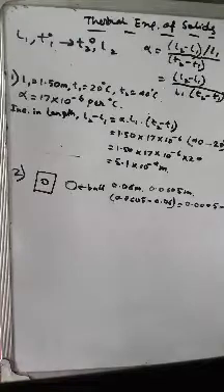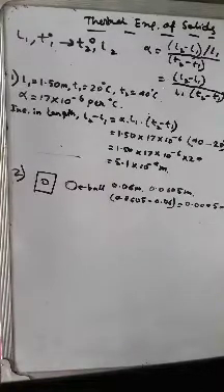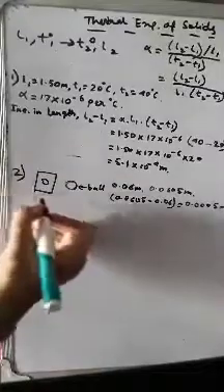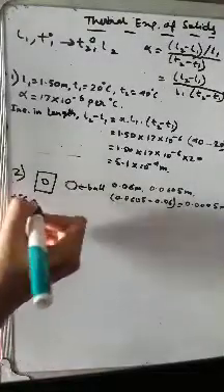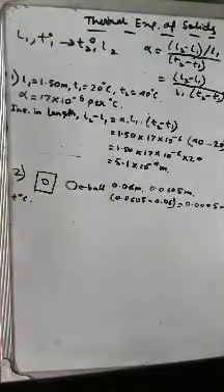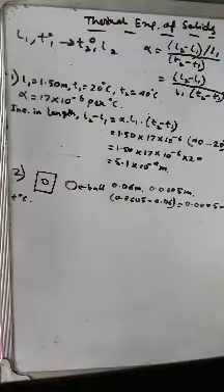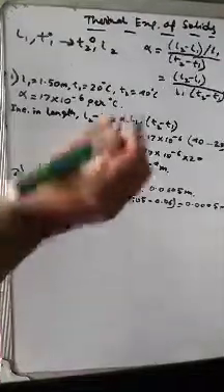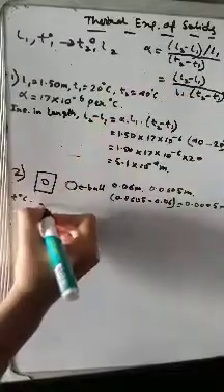Now, in the question, you have been asked to find out the temperature. So, let us assume the temperature to be T degree C. So, let's write the formula. We are using this formula only.